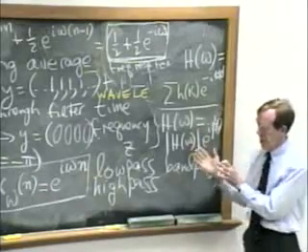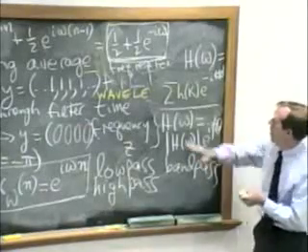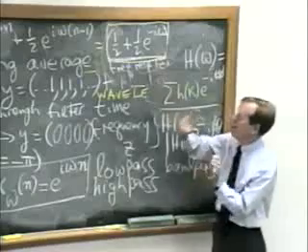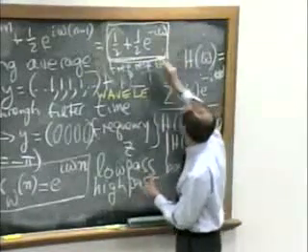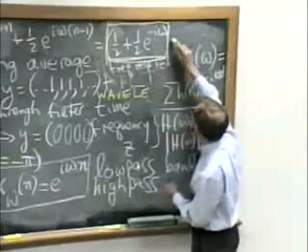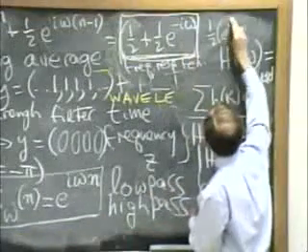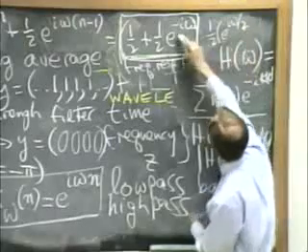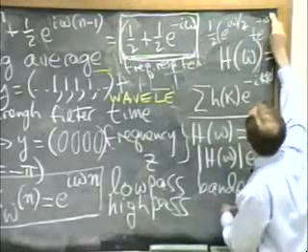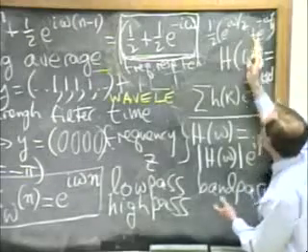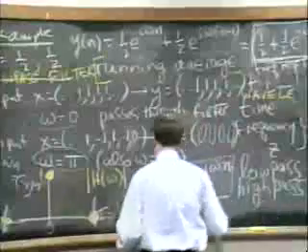That changed the phase. That added omega over 2 to the phase. But the magnitude doesn't change, and then what do I have? A half of e to the i omega over 2, and when I multiply this one, that leaves an e to the minus i omega over 2, and then that's the cosine of omega over 2. Yes, thanks. That's exactly right.